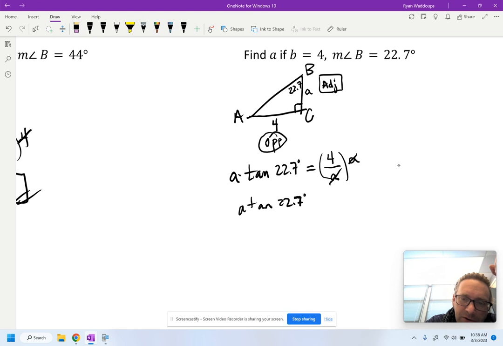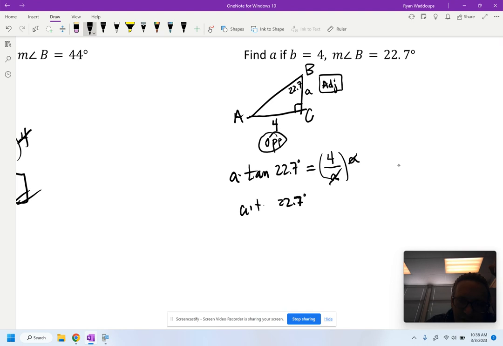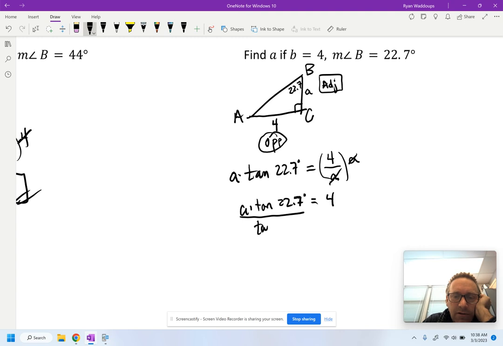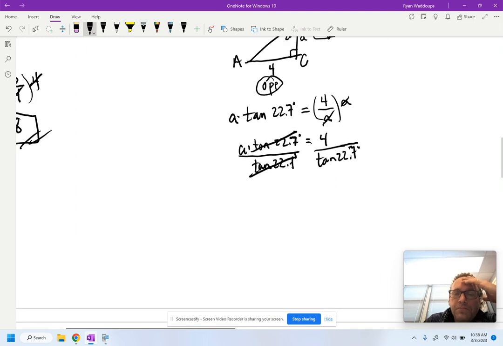This is A times the tangent of 22.7 degrees is equal to 4. Then I divide through by the tangent of 22.7 degrees on both sides. That cancels the tangent of 22.7 on the left.